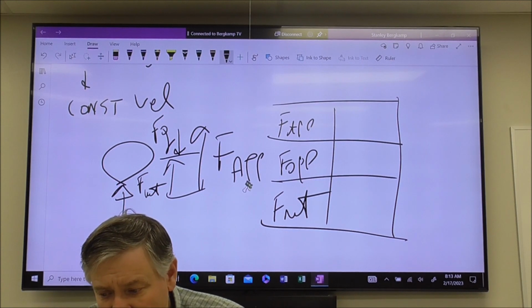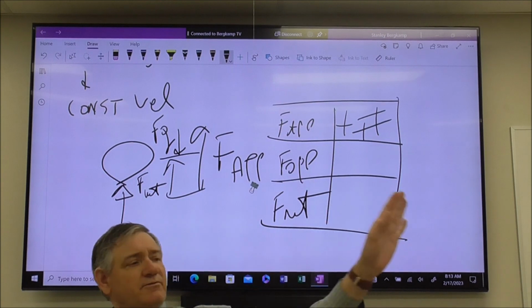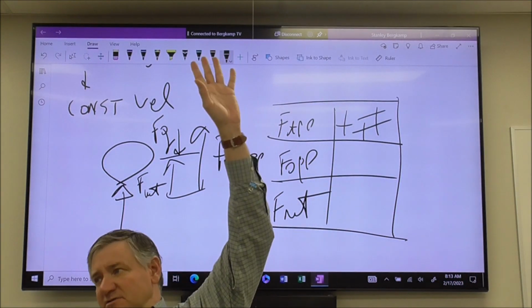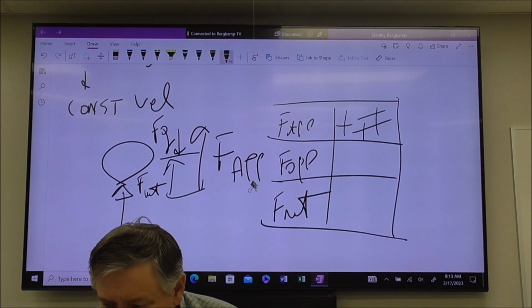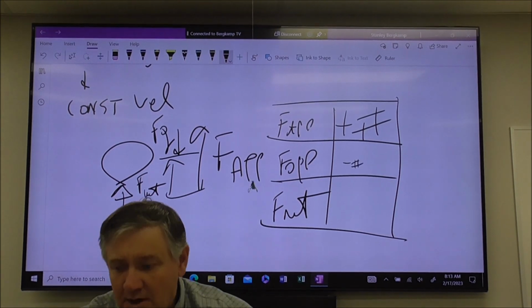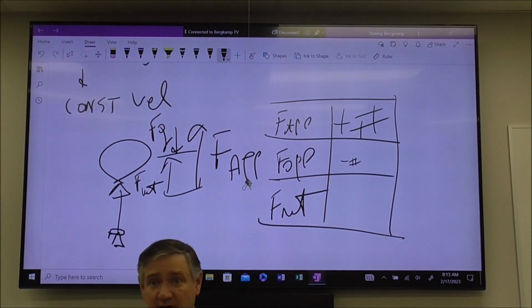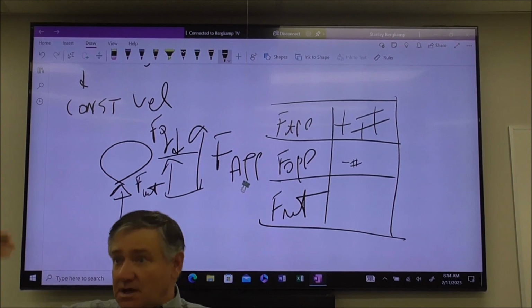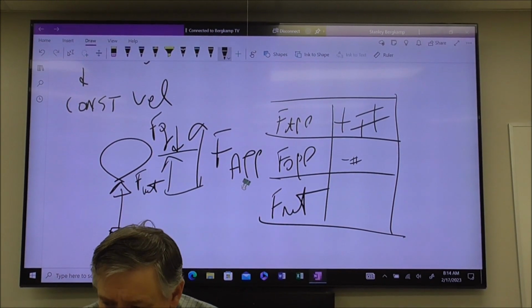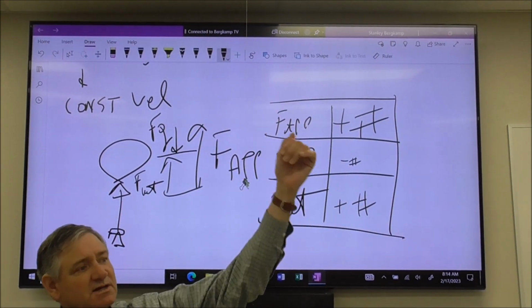I know my applied force is going to be some positive number. I don't know what it is. I don't care what it is for now. I just know my applied force is going to be some positive number. I know my opposing force is going to be a negative number that is less than my applied force. Okay? So when I add these together, when I find the sum of these, I know that I'm going to have some positive net force which is acting upward.